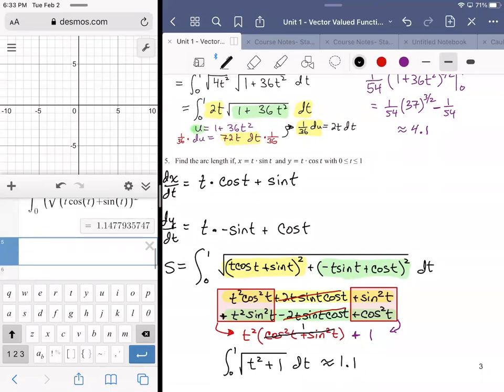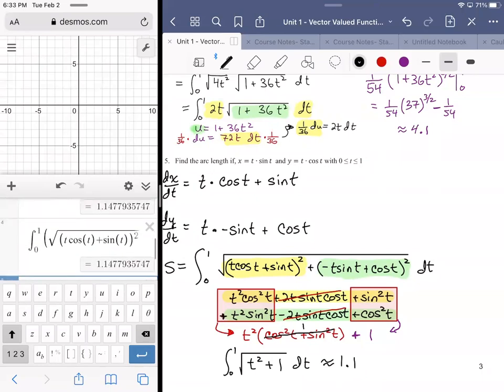As it turns out, I got the same decimal. So it either means I screwed up both of them in a way that got me the same answer, or I did it correct. All right. So obviously it takes a lot more of a painstaking approach, but you can get there. And honestly, I don't know what the right way is, because I look at this and I say, well, the algebra didn't seem too bad, but you make a mistake in the algebra, it's all over.